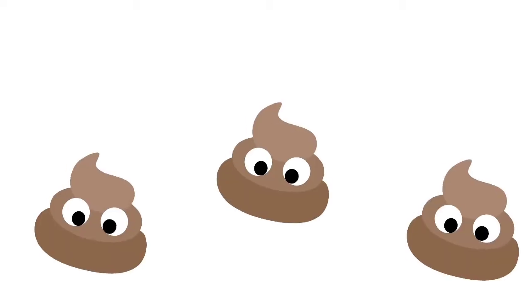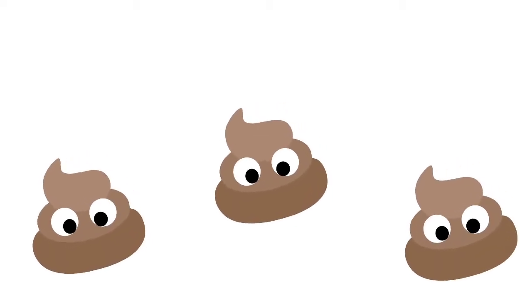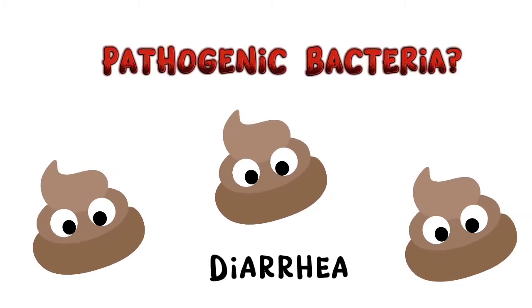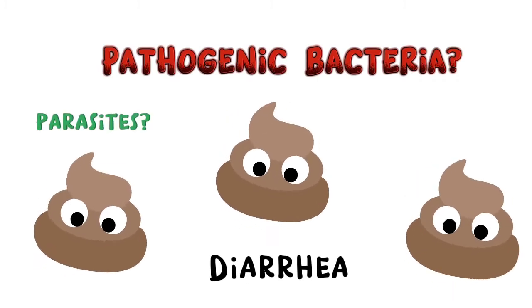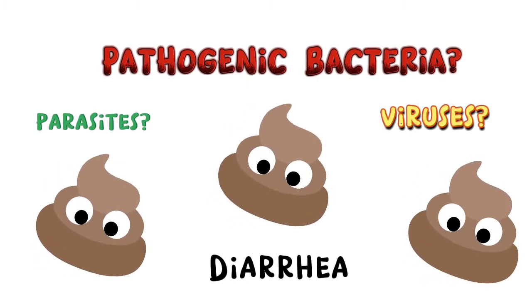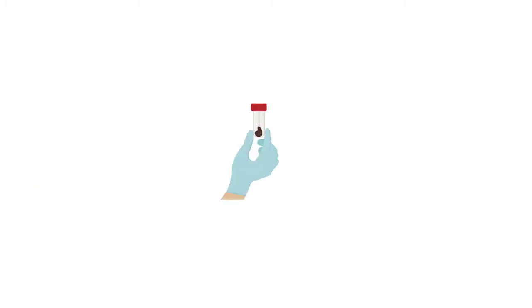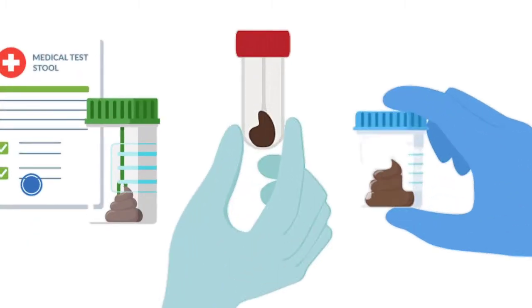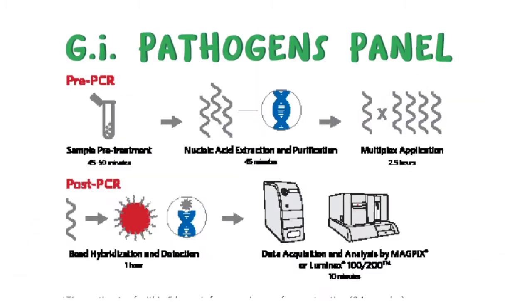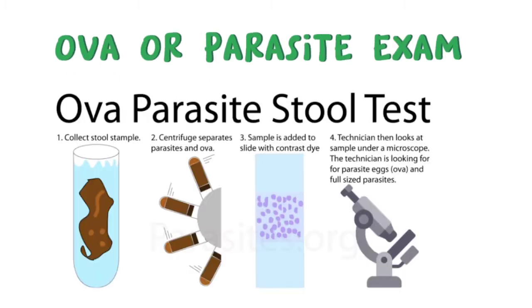It is a diagnostic test that determines whether diarrhea is caused by pathogenic bacteria, parasites, or viruses. A stool screening may be done in conjunction with other tests, such as a GI pathogens panel or an ova and parasite exam, to help establish a diagnosis of GI illnesses.